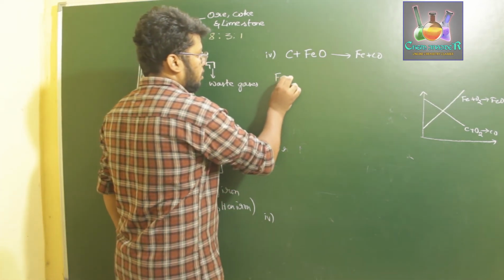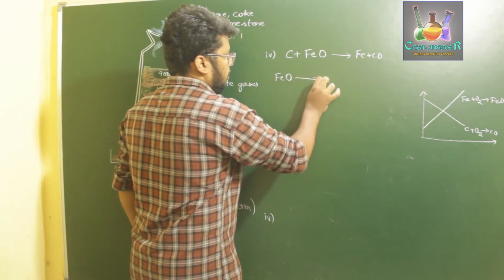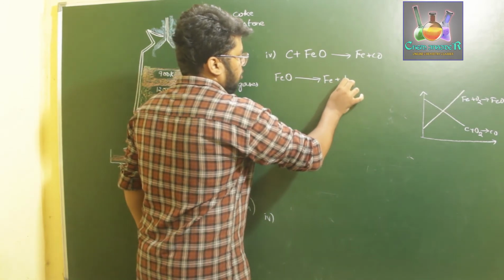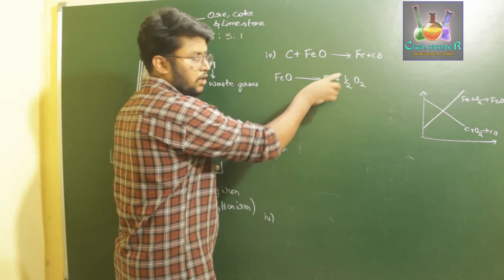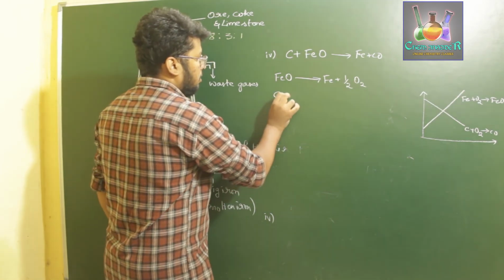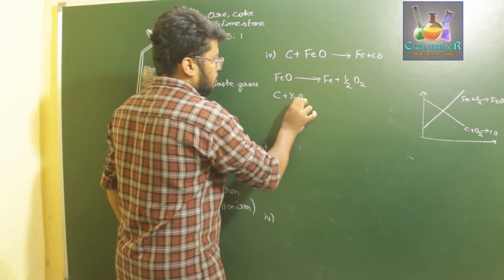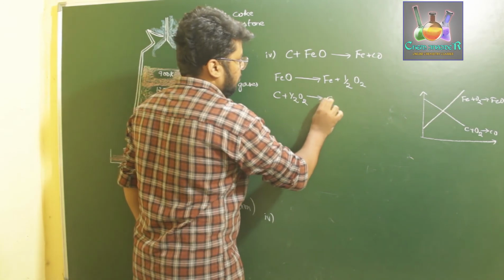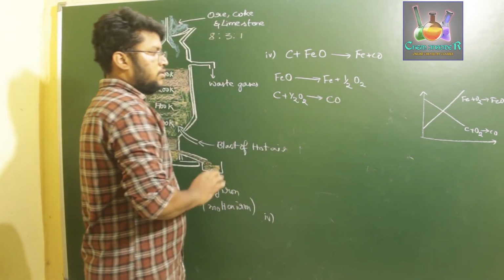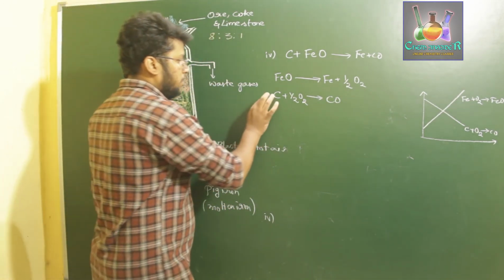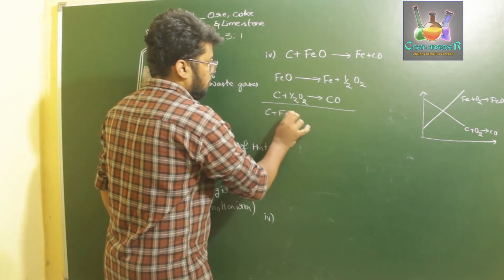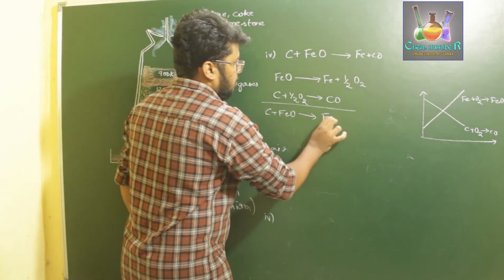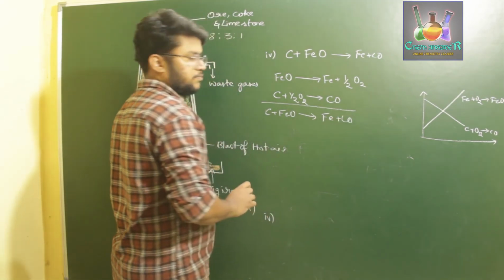First, FeO reduces to form Fe and half molecule of oxygen, and carbon reacts with half molecule of oxygen to form carbon monoxide. On combining, the overall reaction is C plus FeO giving Fe plus CO.